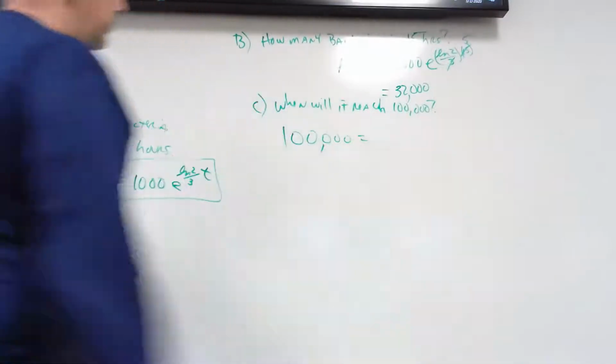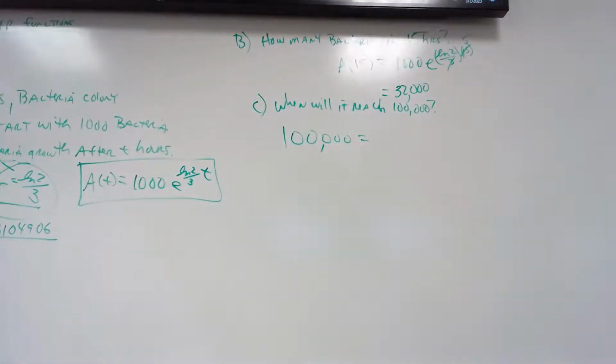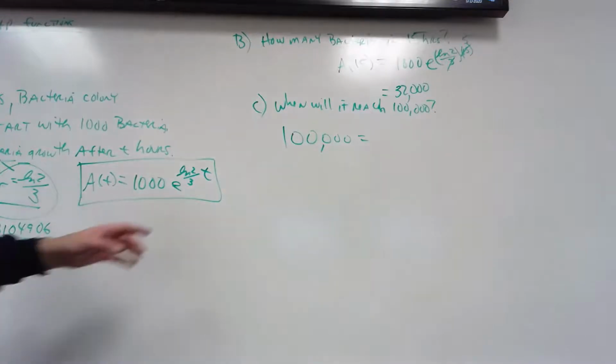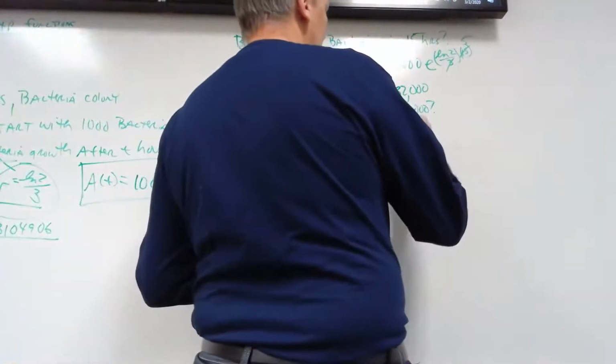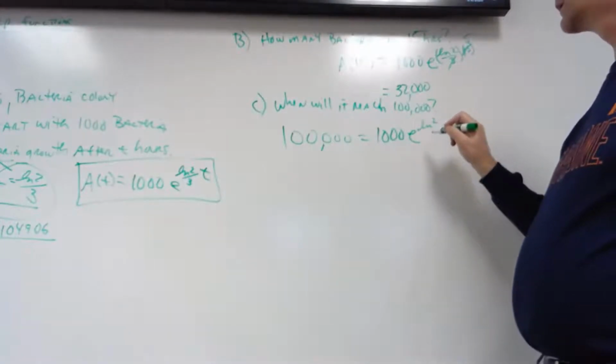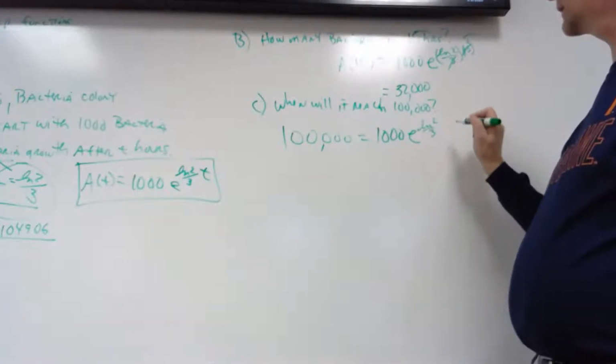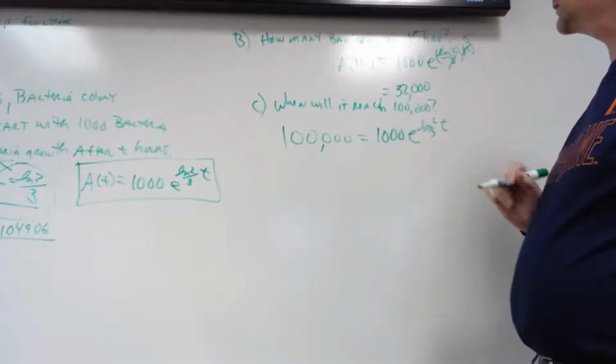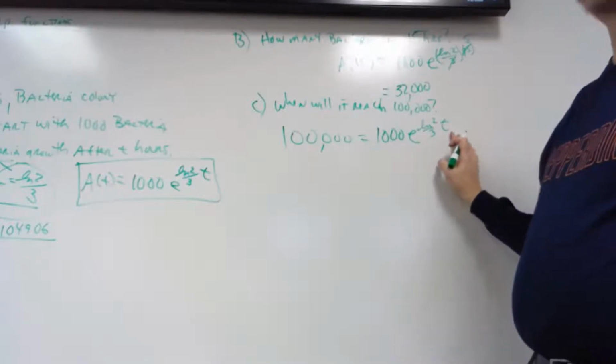Equals P, what's your P? What's the principal we started with? 1,000. We started with 1,000 bacteria, e to the natural log of 2 over 3 times t. And your t is, well, that's what we're solving for, right?